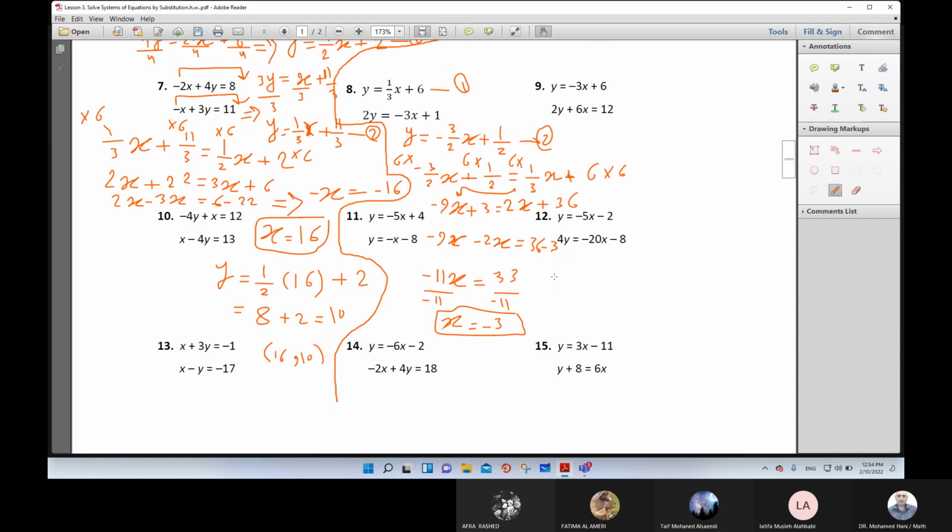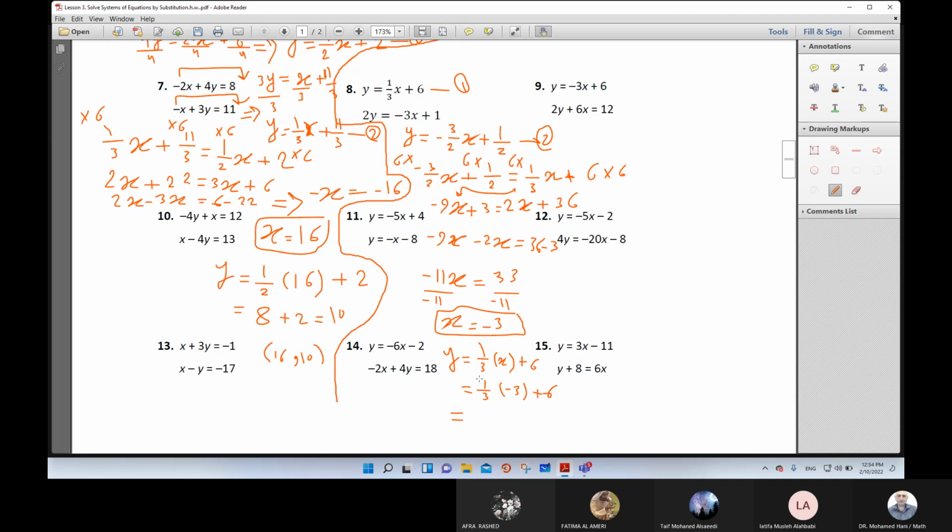Then we want to solve the value of y. You can substitute in the first equation or in the second equation, the same idea. For example, I will substitute in the first equation. So y equal 1 over 3 times x plus 6. The value of x is negative 3, so 1 over 3 times negative 3, plus 6.